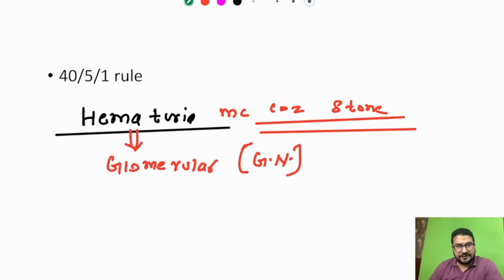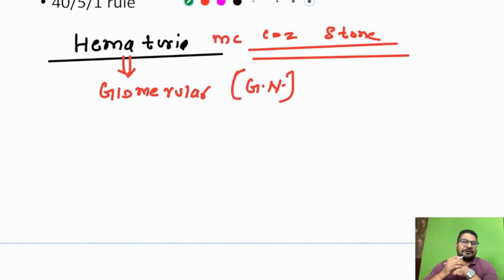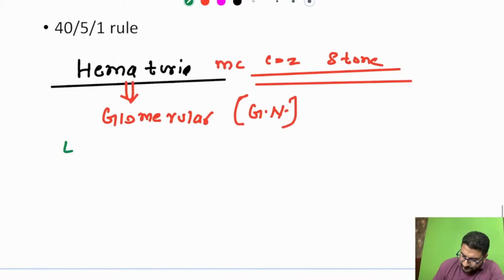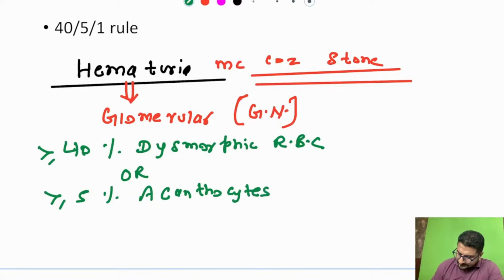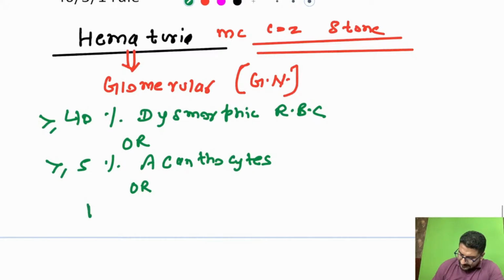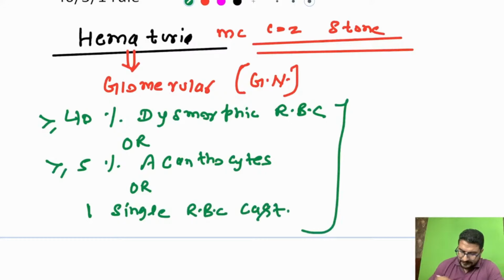So remember most common cause will be kidney stone or ureteric stone. लेकिन अगर question glomerulonephritis का है, so remember the 40-5-1 rule: if you see 40% or more dysmorphic RBCs, अगर आप 40% या उससे ज़्यादा अलग अलग शेप की RBC देखोगे, and if you see 5% or more acanthocytes, or you will see any one RBC cast, one single RBC cast, then this hematuria is considered glomerular.